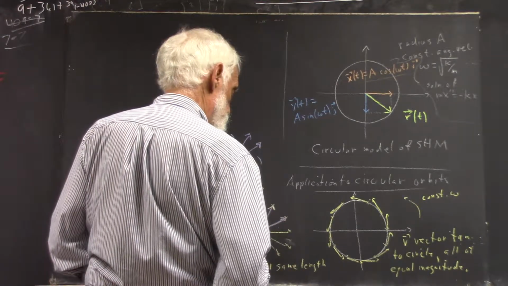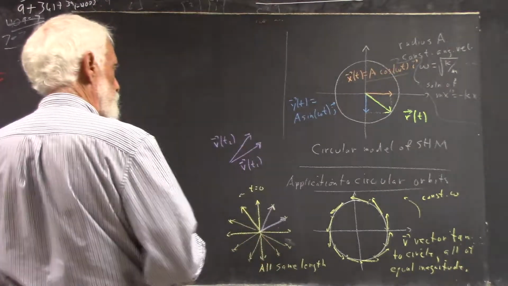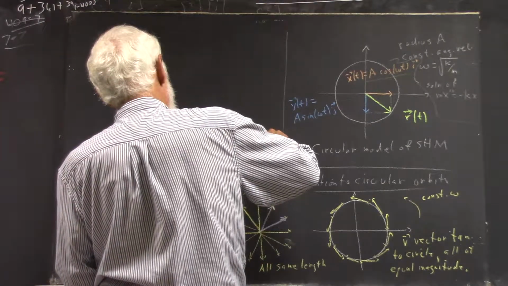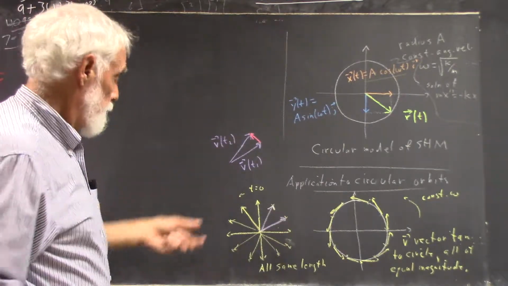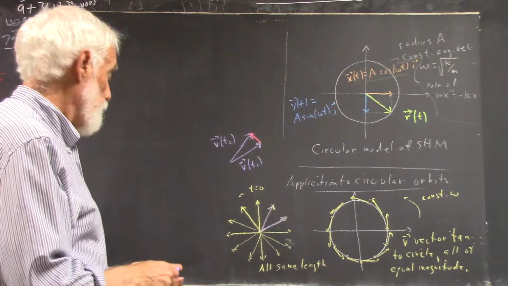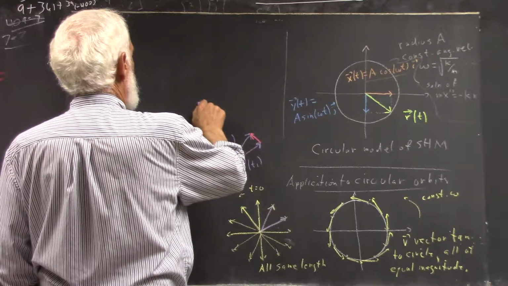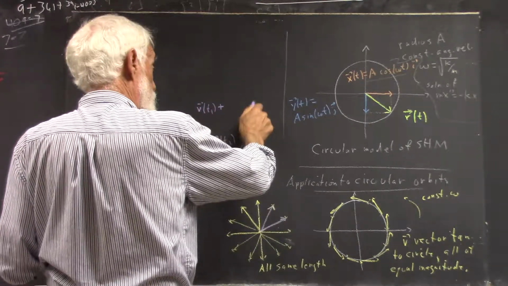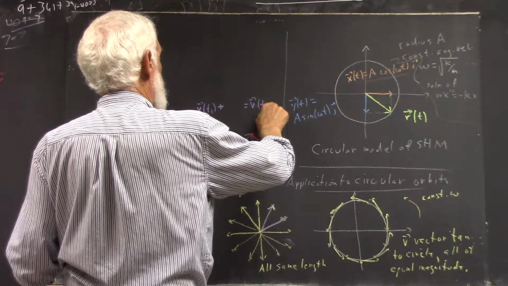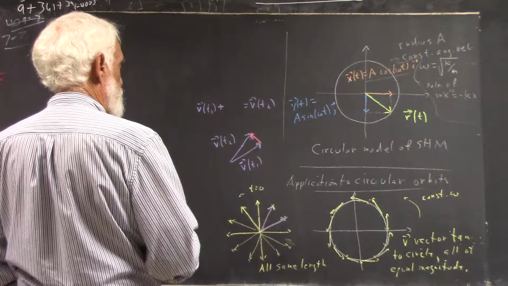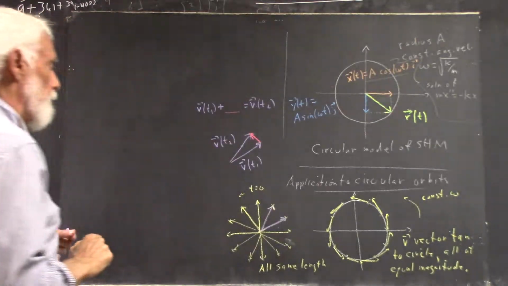Now it should be clear that if I take this vector and add this vector, I get this vector. So we can say that v of t1 plus some vector equals v of t2. And I'll just put an underline here. Okay?